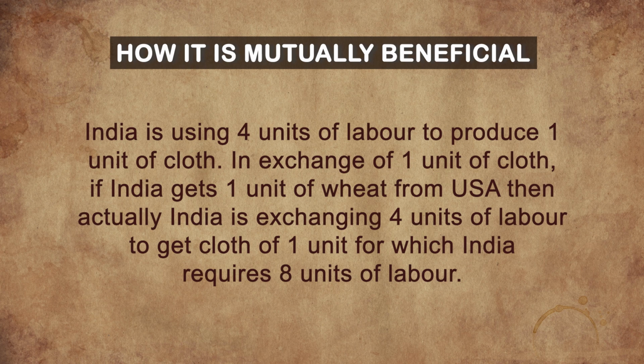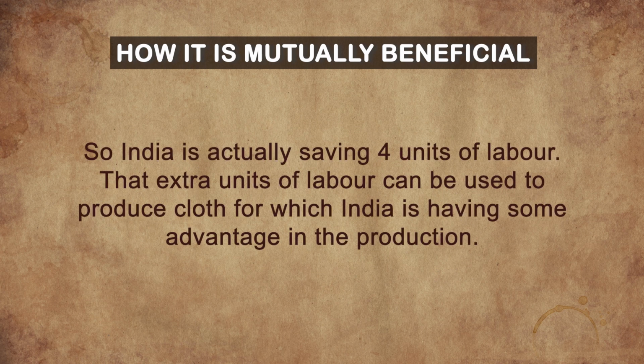And in exchange for 1 unit of cloth, if India gets 1 unit of wheat from USA, then actually India is exchanging 4 units of labor to get wheat of 1 unit, for which India requires 8 units of labor. So India is actually saving 4 units of labor.